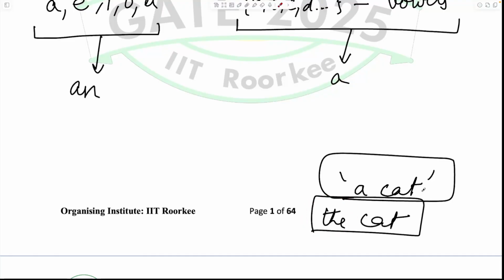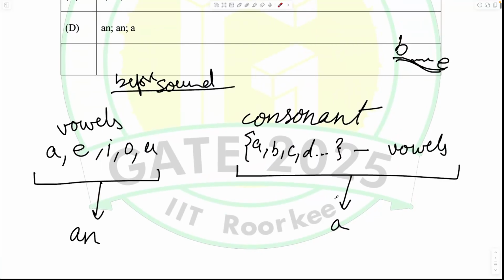For example, a cat could refer to any cat in the world. But once we have talked about some cat in speech, then we can use the cat to further the narrative about what that cat did, right? So that is the difference between a, an and the. I suppose you must have understood this. It's actually a very straightforward concept.